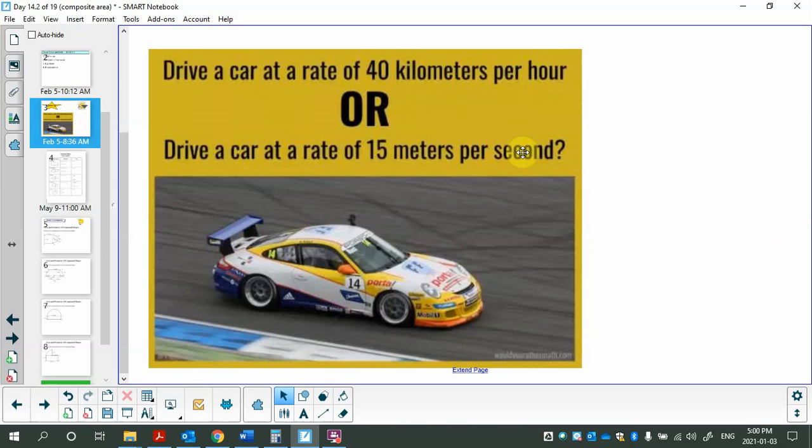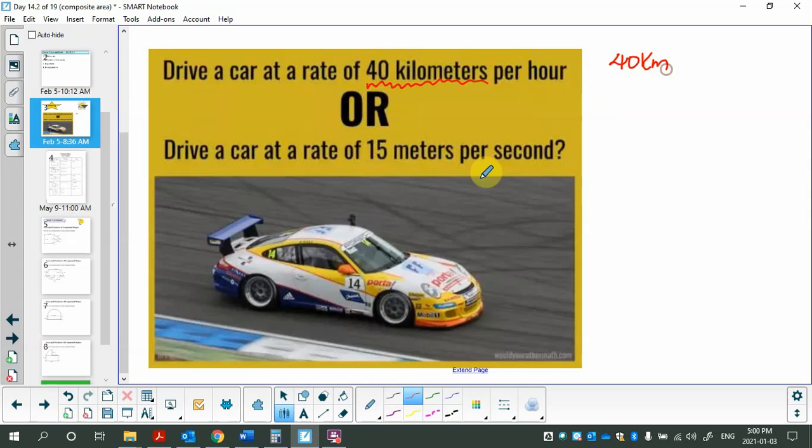Because it's easier to go from kilometers to meters and hours to seconds, I'm going to turn 40 kilometers per hour into something less familiar, meters per second. That requires some calculations that you may be unfamiliar with, and I'm going to write them down off to the side. The first one, in red, is 40 kilometers.